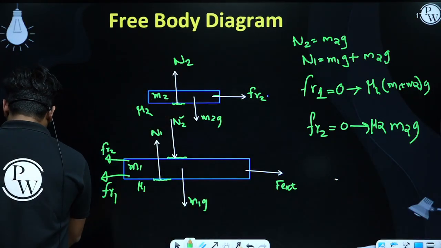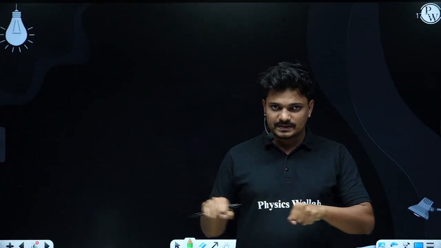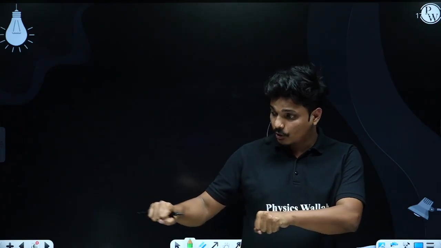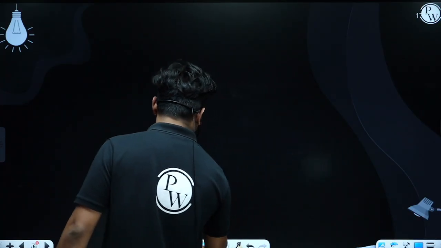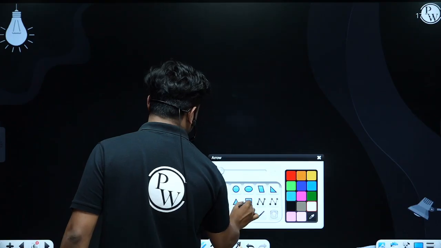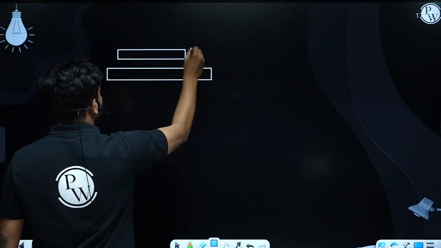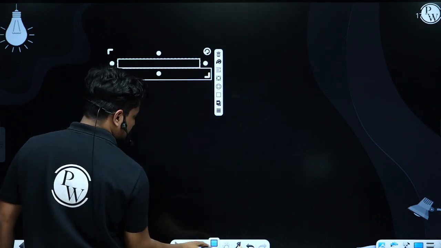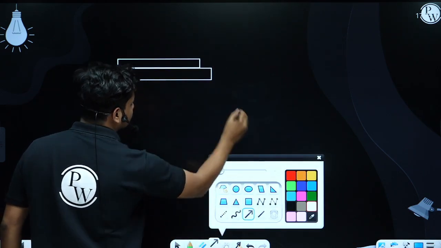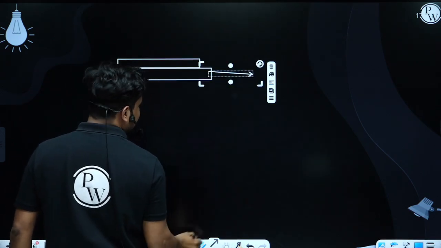Okay, then we can go to our problem section. So I am going to apply the force on the bottom block. So initially what is the situation?